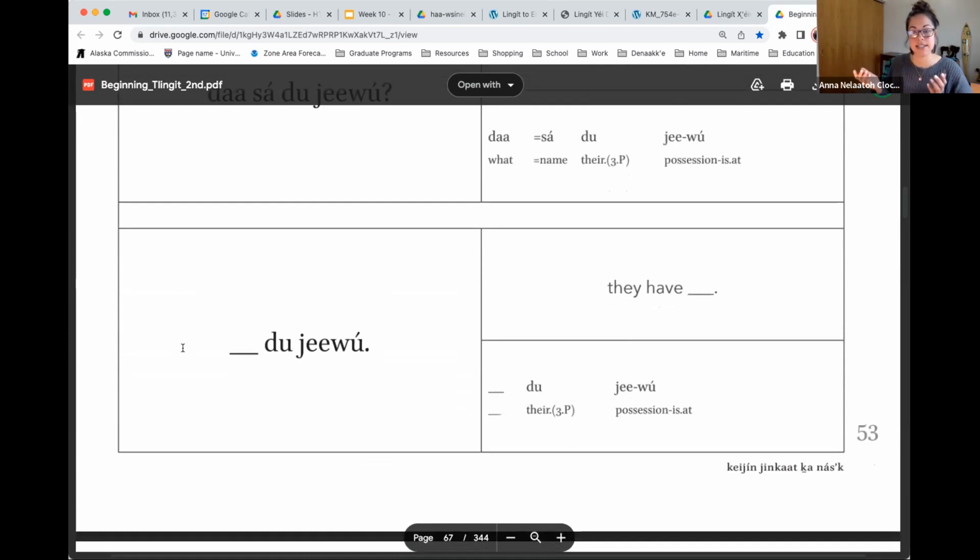Say they have a king salmon. Ta du jeewú. Okay.